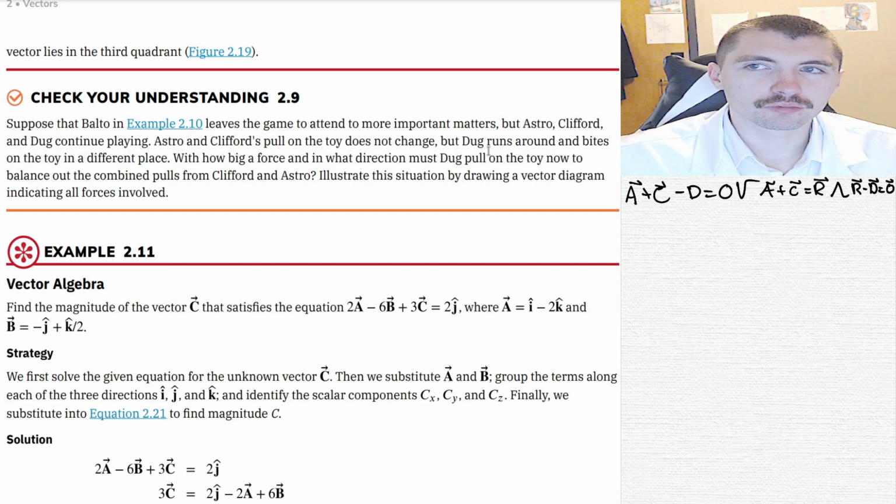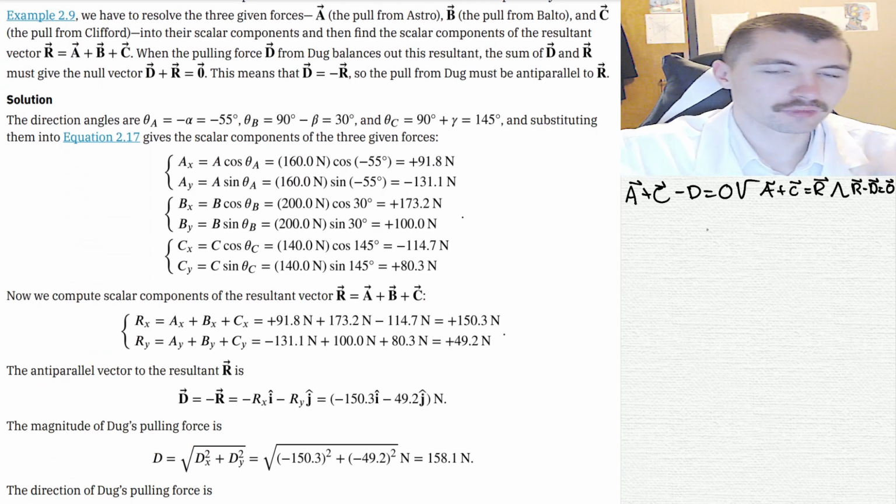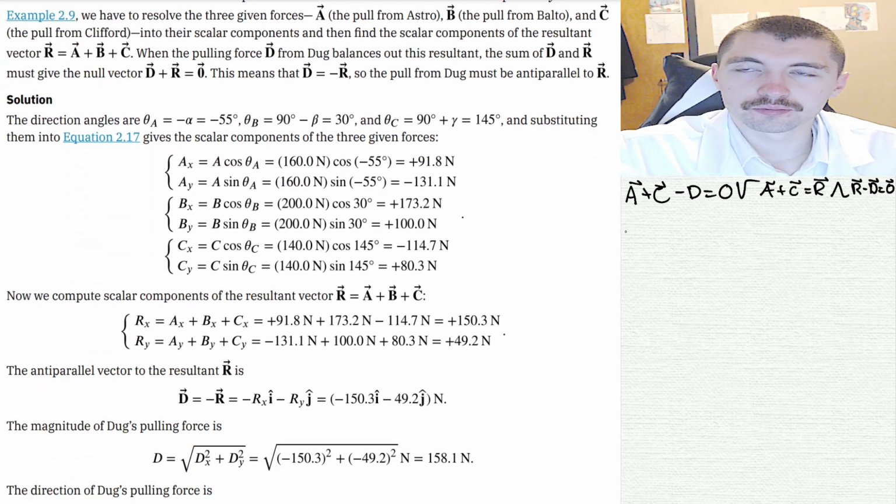Okay, so what do we need? Same numbers. So D plus R equals 0. Yeah, there, that fixes it.